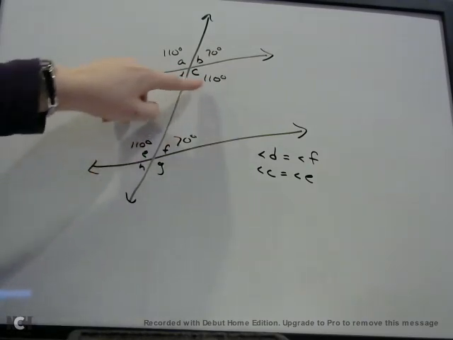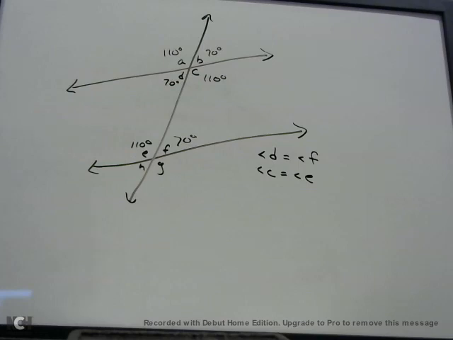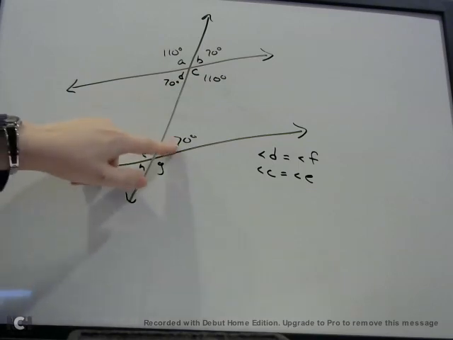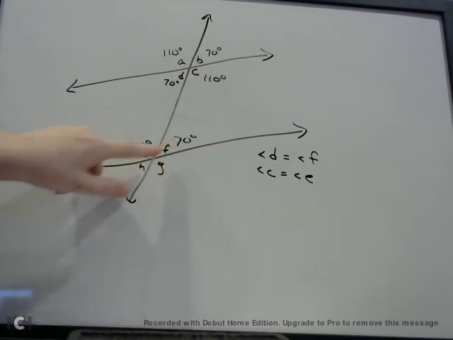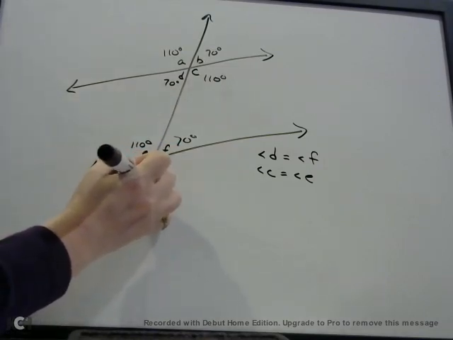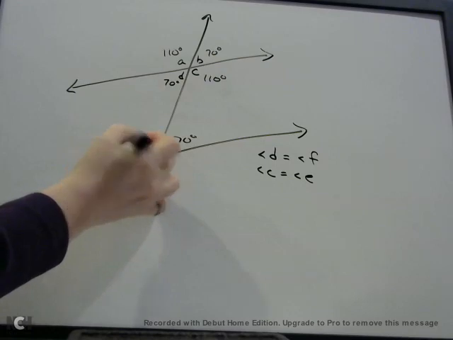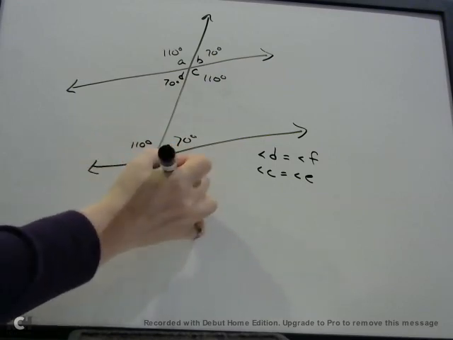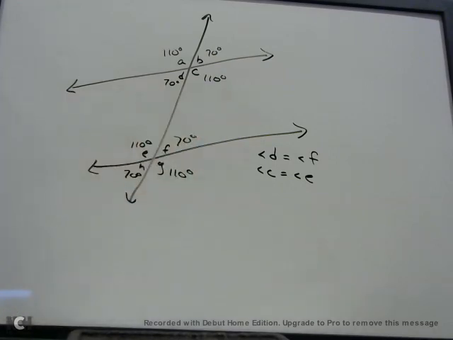So D equals F, C equals E. That's key to know, because again, once we have one of these angles, now we know all the rest. Once we know F is 70, we know H is 70. We know E has to be supplementary, so it's 110. Once we know E, we know G is 110.